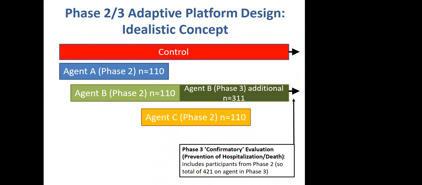And at the end of the study, there's a confirmatory evaluation based upon this combined population. So that's the evaluation of the effects of the agent on hospitalization and death.